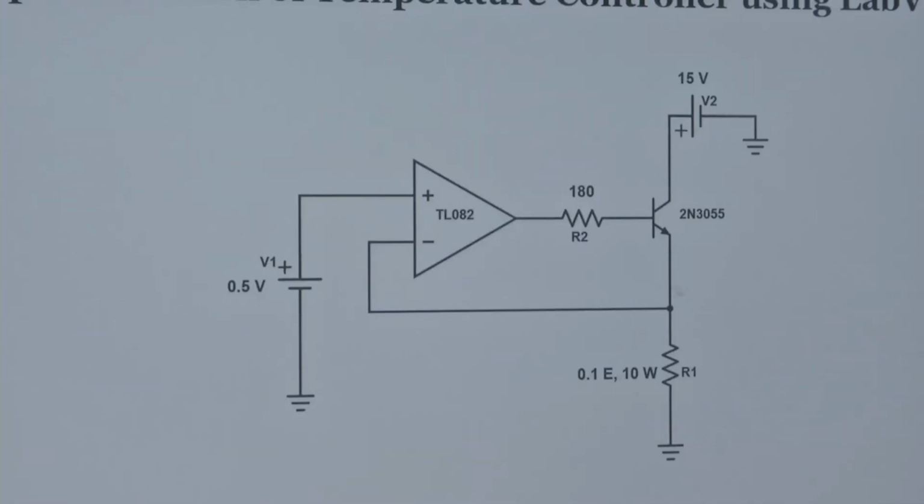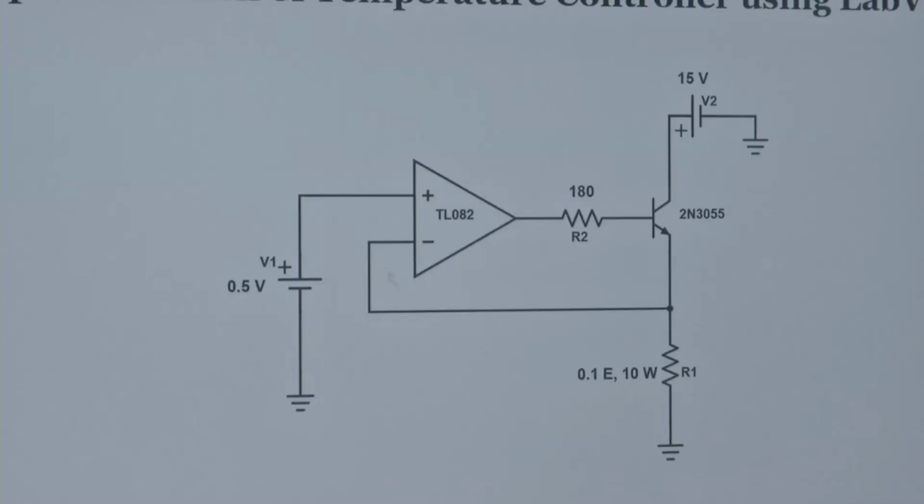So, if you know the current flowing through the emitter leg, we can easily understand the current flowing through the collector. Since we are applying 0.5, the voltage drop across R1 will also be 0.5, and since we know the resistance value and the voltage drop across the resistor is a fixed value, we can find the current flowing through this emitter leg, right.